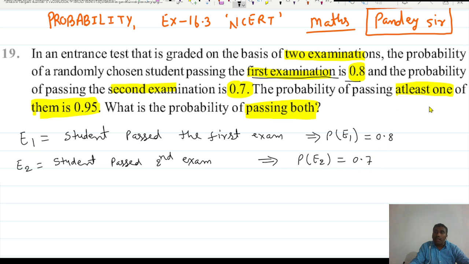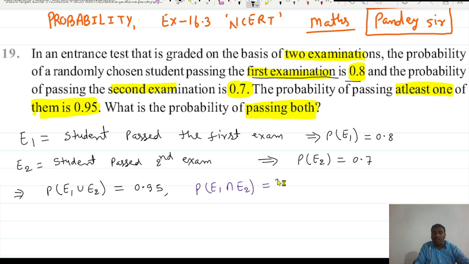Next, it is also given "at least one of them". Remember, at least one of them is nothing but the union. The probability of E1 union E2 is given to us as 0.95. And what we have to find out is both passing, that is the probability of E1 intersection E2.